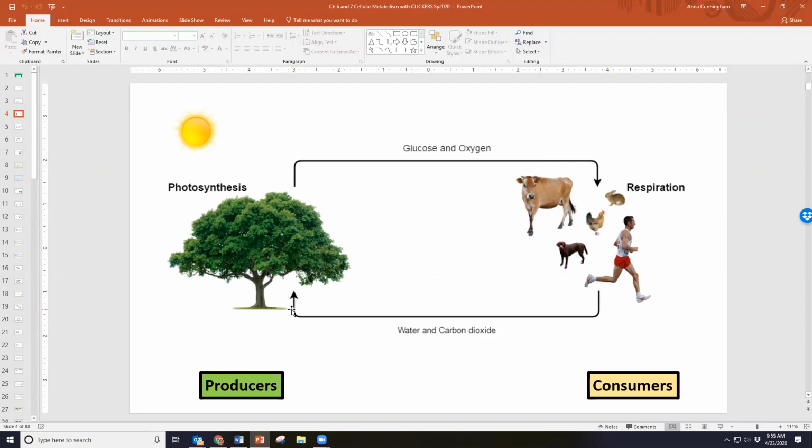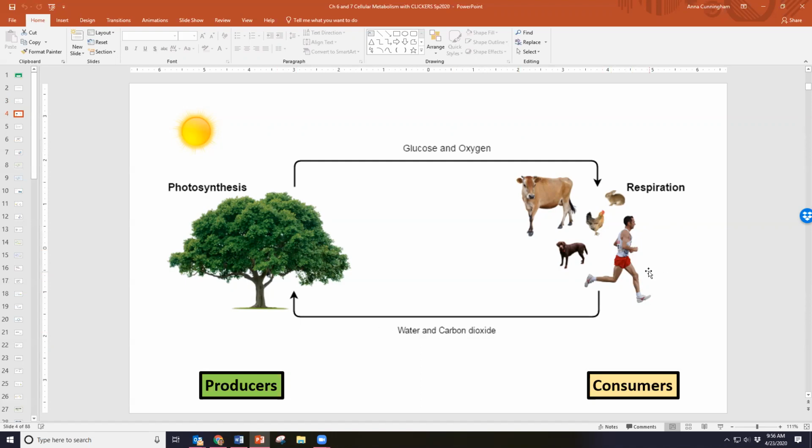organisms that perform photosynthesis, which is typically considered overall an anabolic process. Because what you do is you use energy, plus other stuff, carbon dioxide, water, sunlight, and you build sugar. So photosynthesis builds those sugars. And then that sugar is used by cellular respiration to make energy, and the cycle continues.